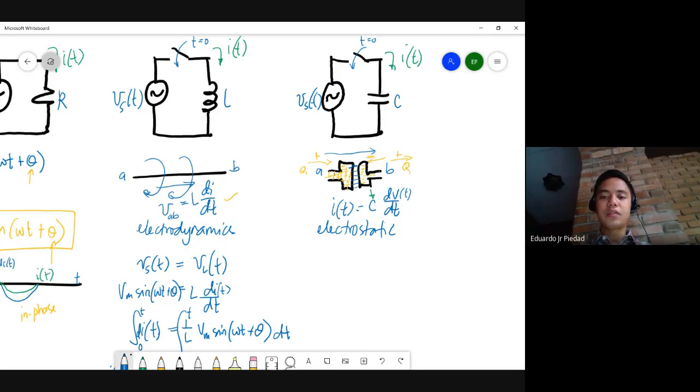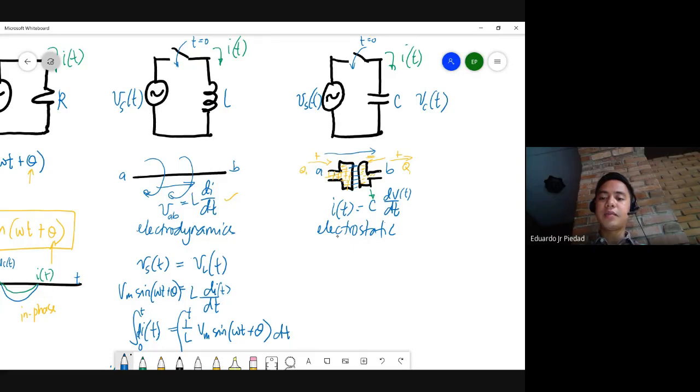Okay, so here we can use VC of t, that's the voltage across the capacitor. They are still the same, VC of t and Vs. But in this case, we cannot use VC of t because VC of t is now a variable.